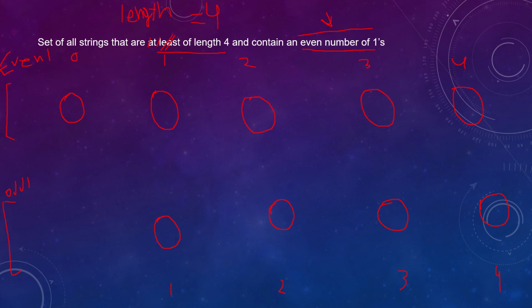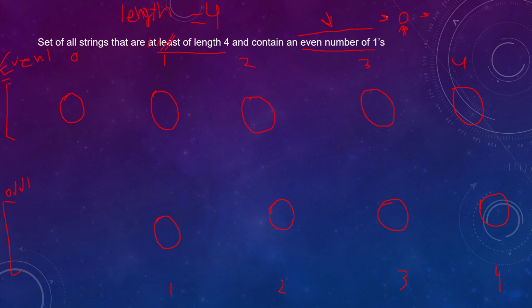But if we look at it, the number of zeros will increase our length, right? So a 0 doesn't contribute to the number of 1. It doesn't matter if the number of 1 is even or odd, the 0 doesn't contribute to that.